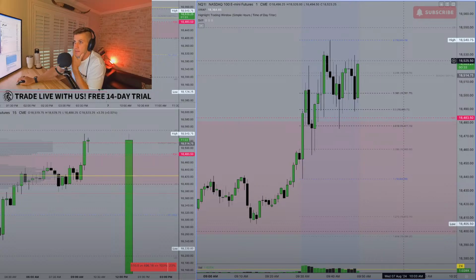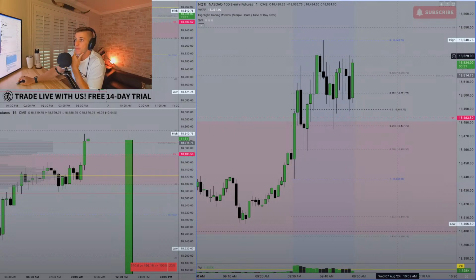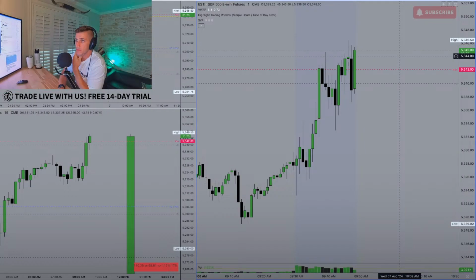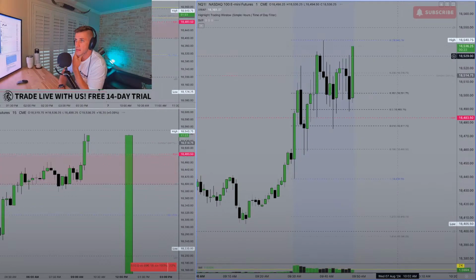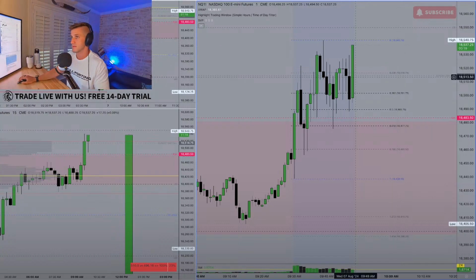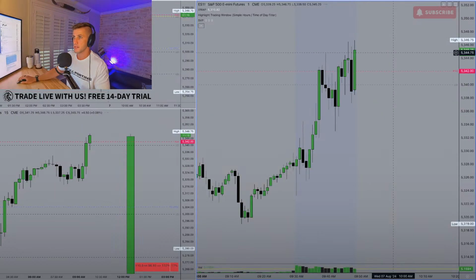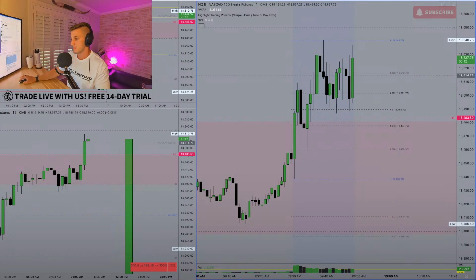NQ, that's better. That's better there. Okay, ES back into the highs. Let's see if fresh highs can be made. Let's get that push. ES made a session high there. So buyers are definitely showing up.